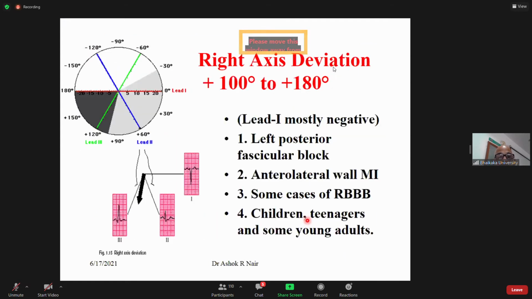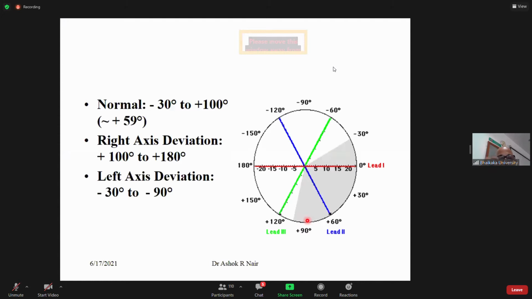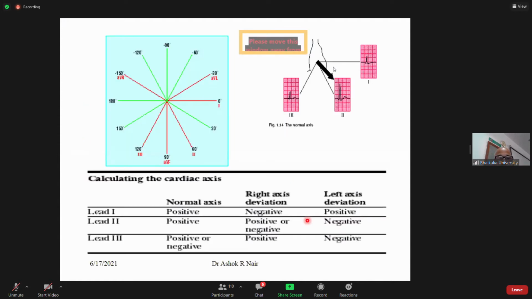To find the axis, you have to find the net QRS amplitude. Let me finish bundle branch block first. I'll come back to this.